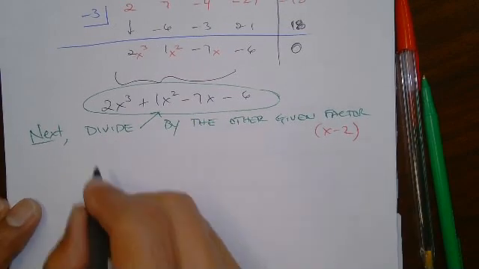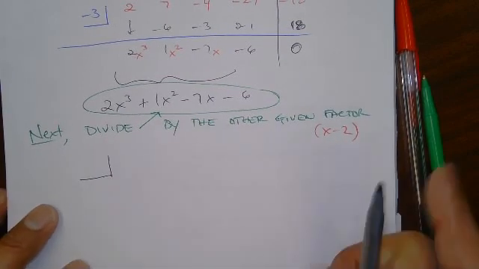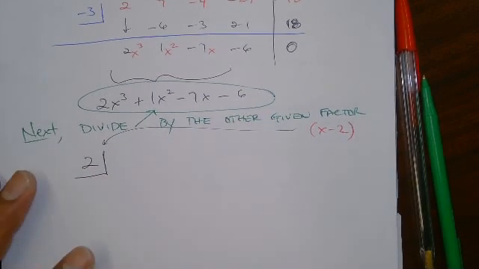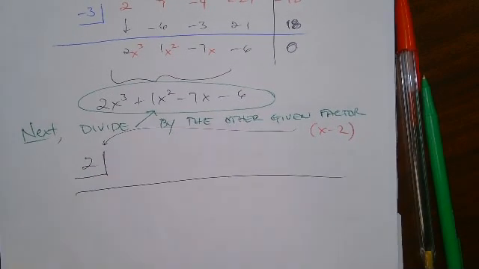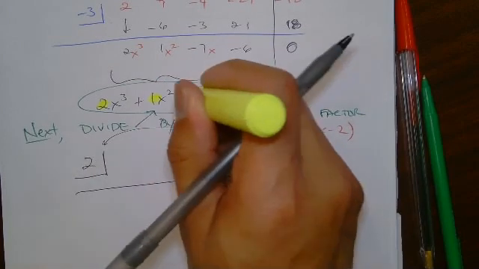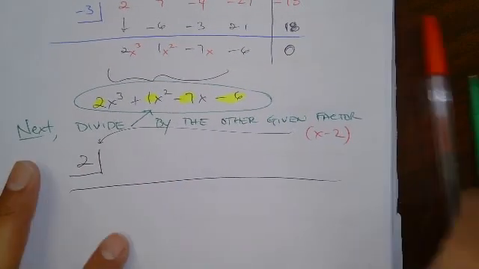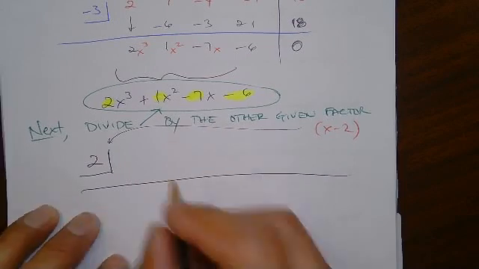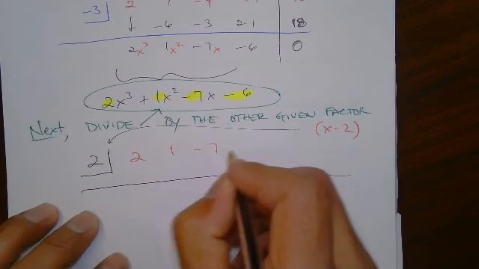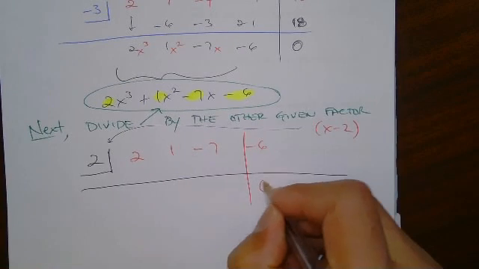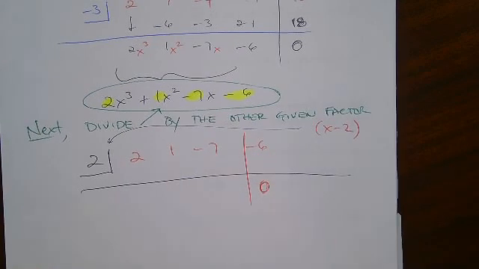How do I divide this polynomial by x minus 2? Well, synthetic division. If that's x minus 2, I'm going to use a positive 2 right there, the opposite. And now I look at these numbers here, and those are the ones I'm going to put up here. Again, because it is a factor, I know that I have to get remainder 0.